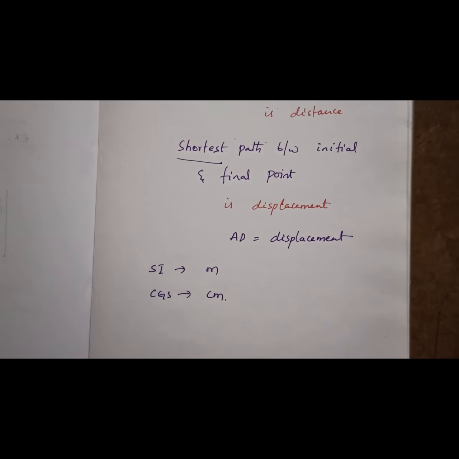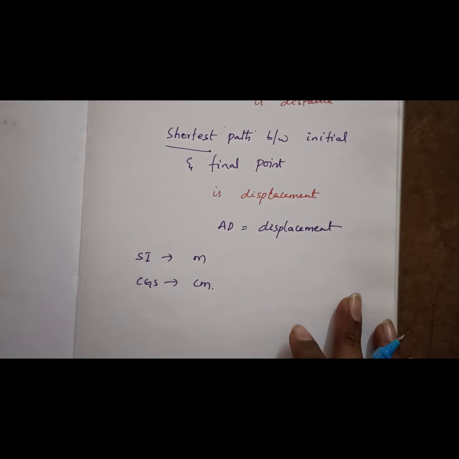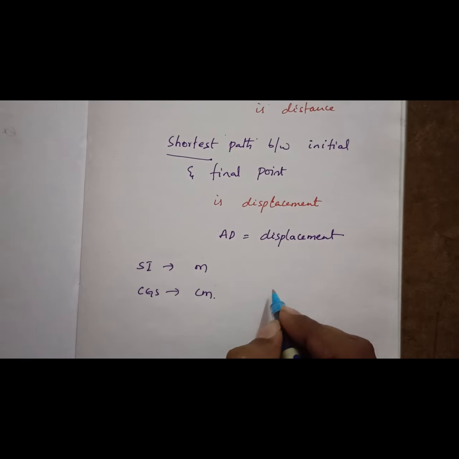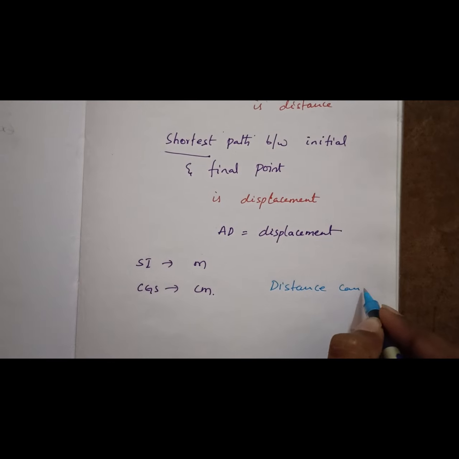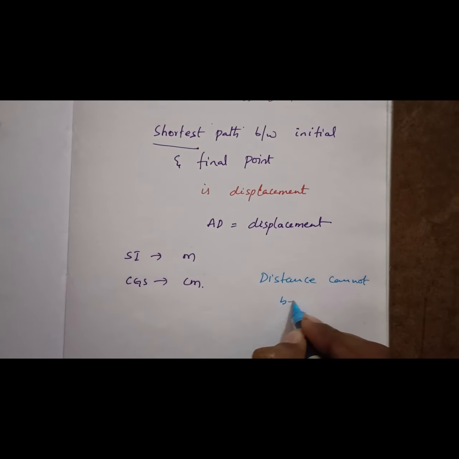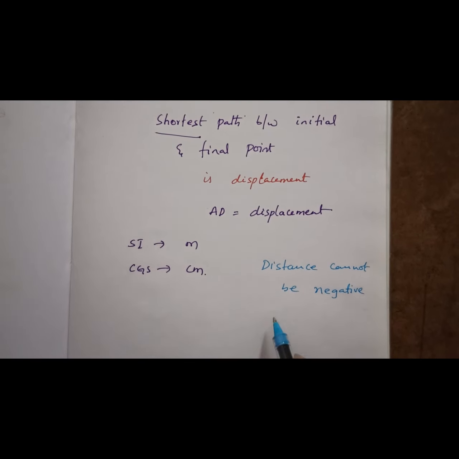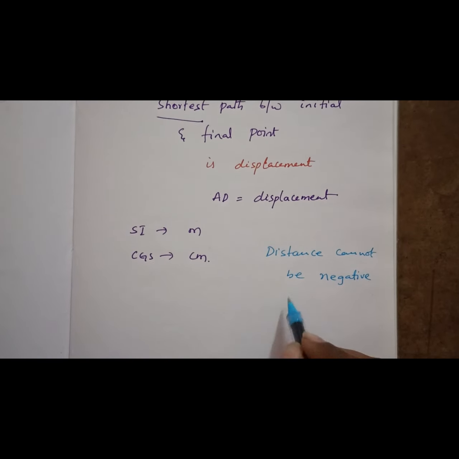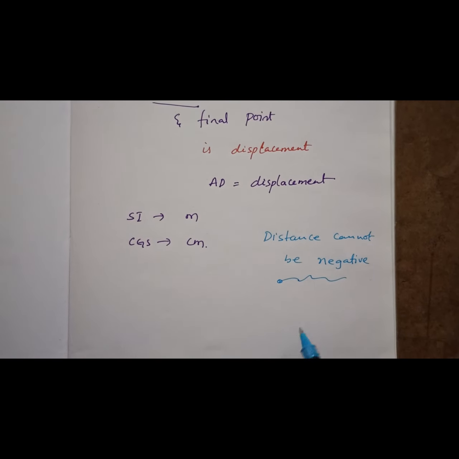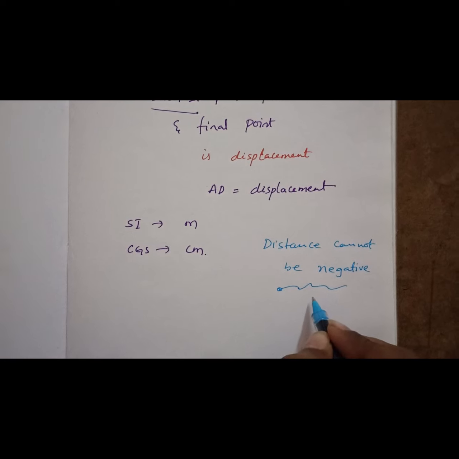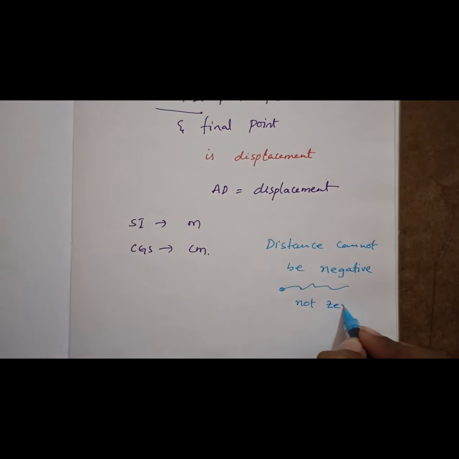Now, distance cannot be negative. Once one started a path, whatever the direction he is going, it won't be 0.